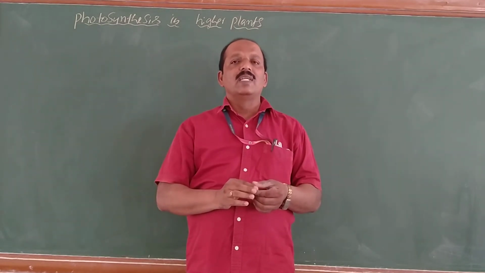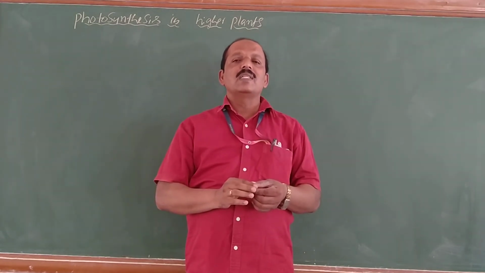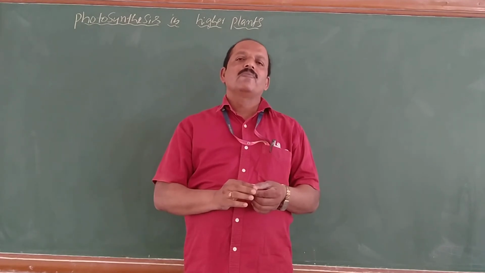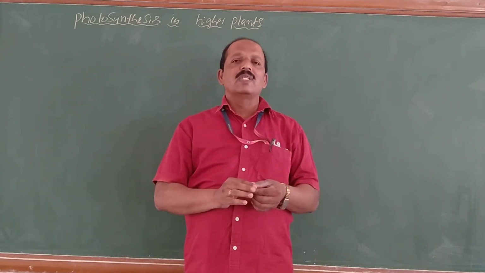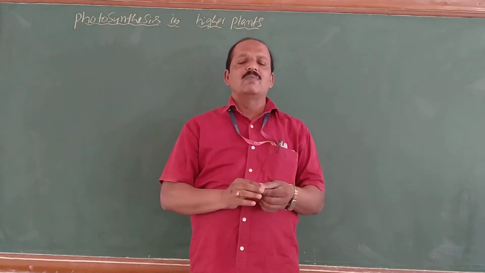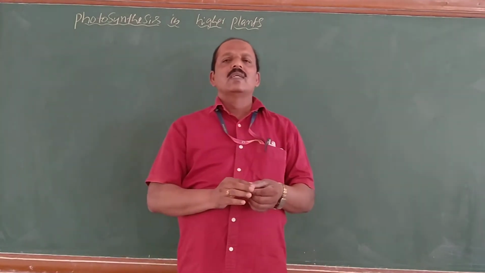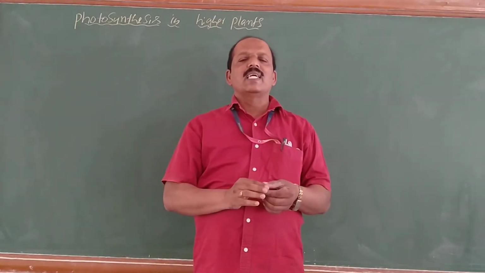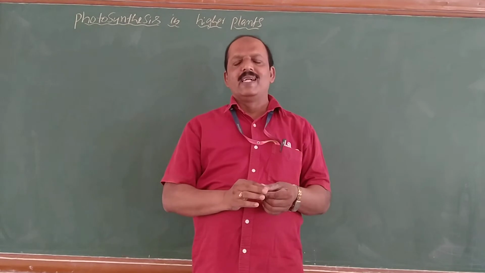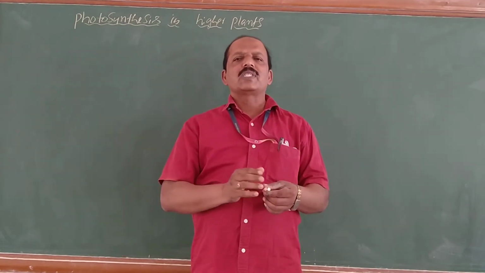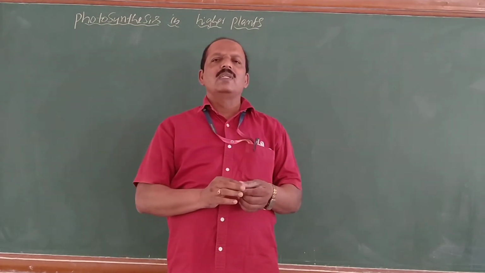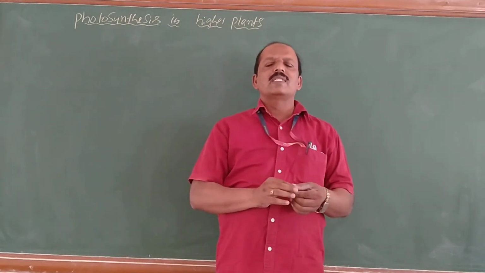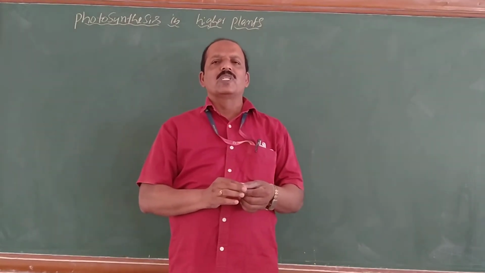Anabolism is a type of metabolism, also called a constructive process. The best example of this constructive process, anabolism, is photosynthesis. It takes place in all green plants. Next, catabolism is a destructive process.